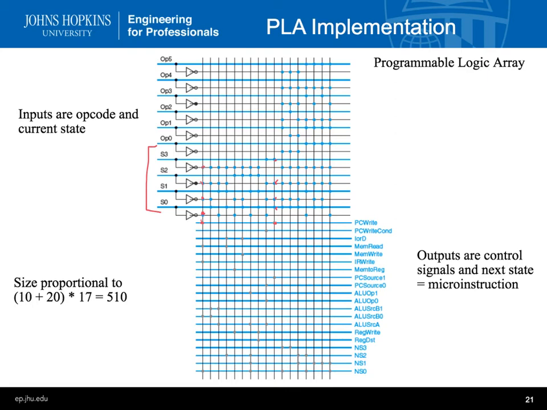So each of these vertical is an AND, then this would be OR. So if this line is all true or this line is all true, then PC write is true. Okay, so we can see all the states that would cause the different control signals to be true. And here are the bunch of, so sometimes the opcode values are true.